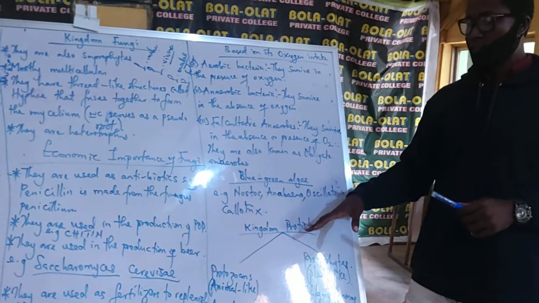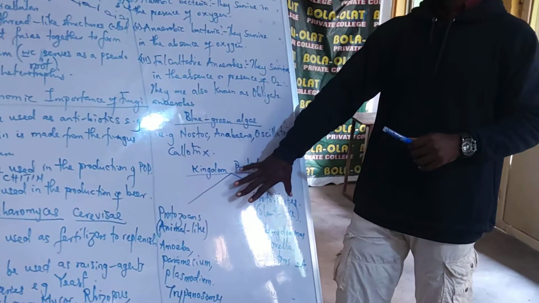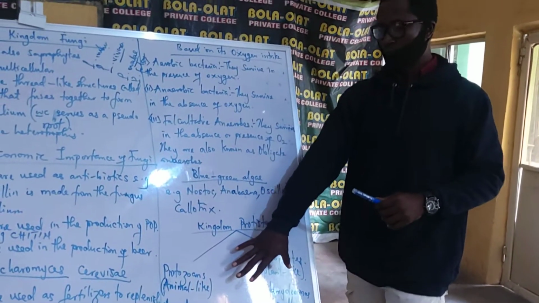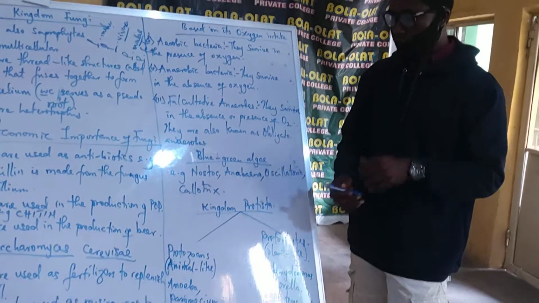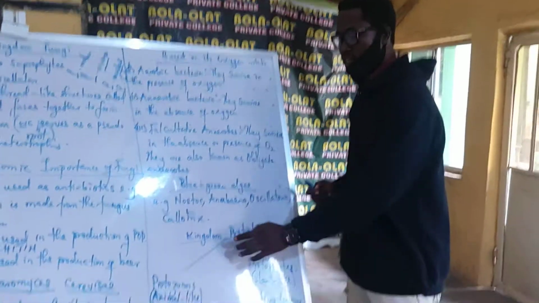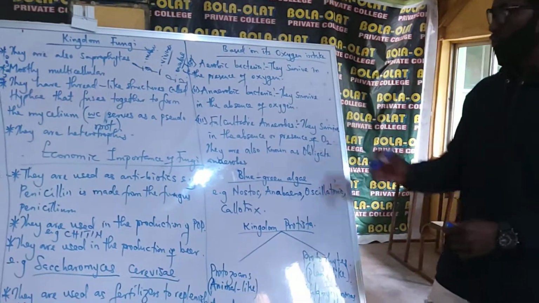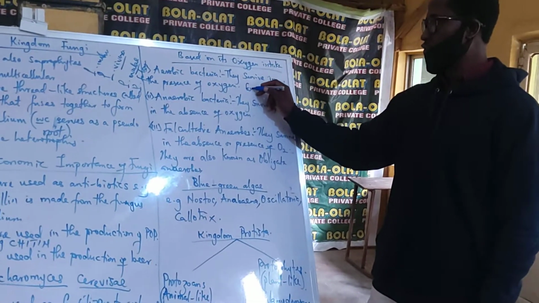So we leave that. How do these ones reproduce? They reproduce asexually and they also reproduce sexually. Something is worthy of note here. There's a unique protist, we call it Euglena viridis.